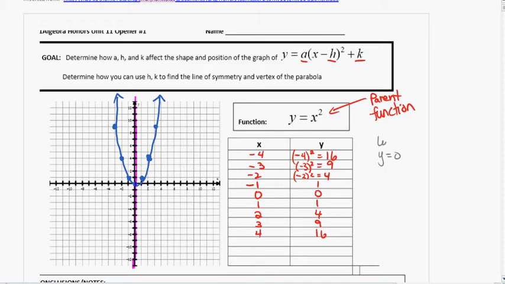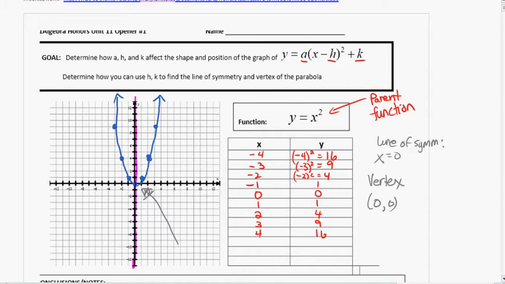Sorry, not y equals 0, x equals 0. X equals 0 is the line of symmetry. I also know my vertex. My vertex is the lowest or the highest point of a parabola. In this case, my vertex is at 0, 0.